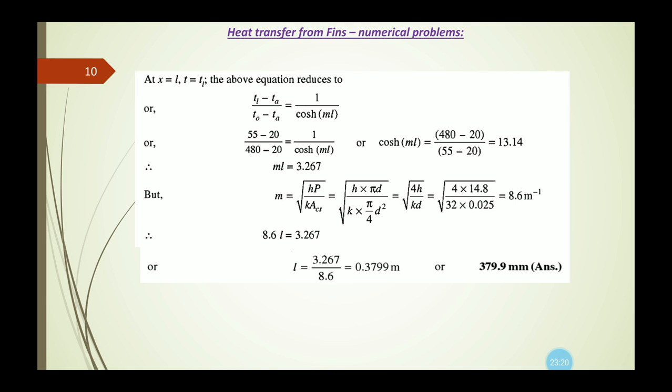If we put this value in the equation mL equals 3.267, we can calculate the length of the shaft, that is 0.3799 meter or 379.9 millimeter. This is the length of the shaft we have calculated here.